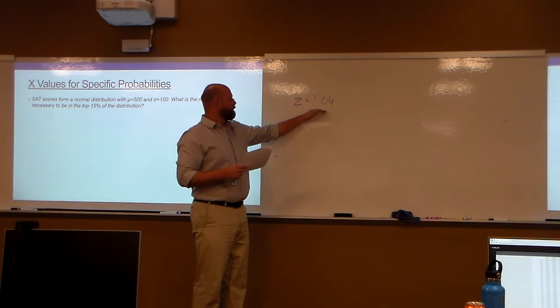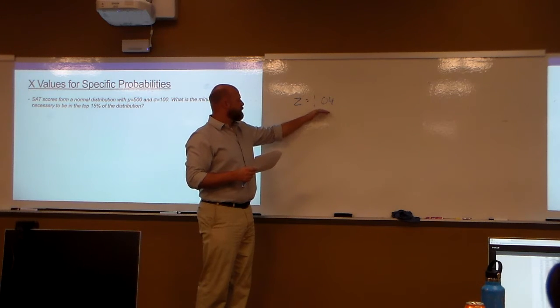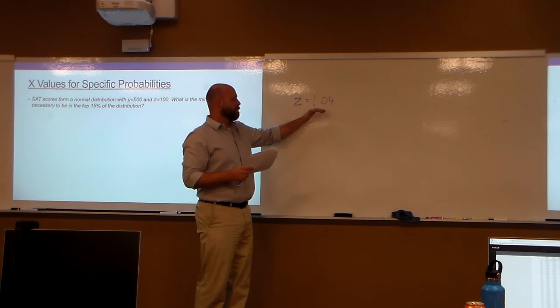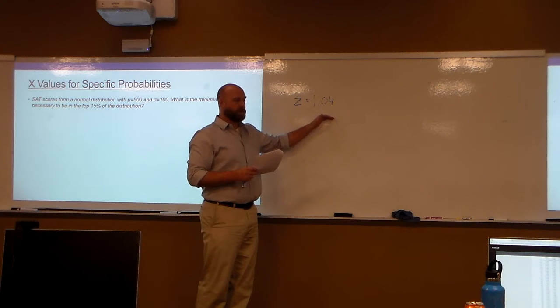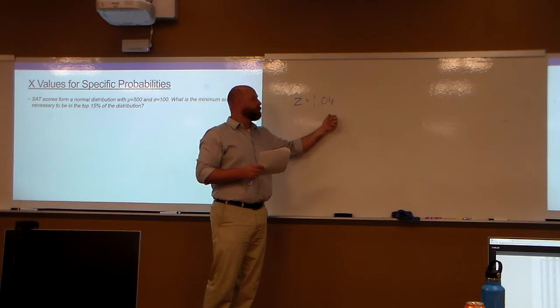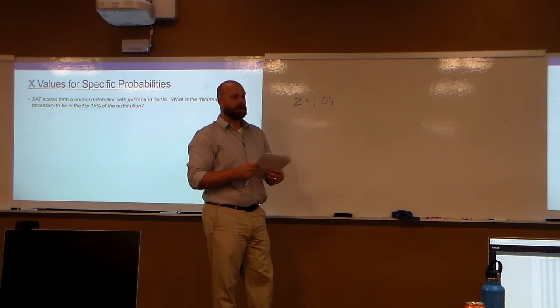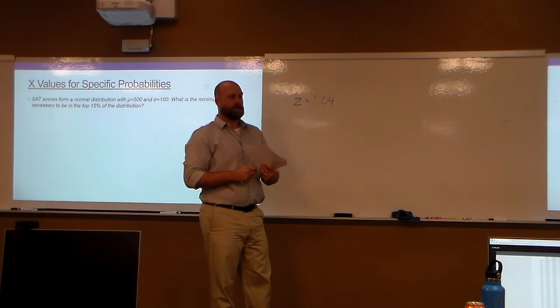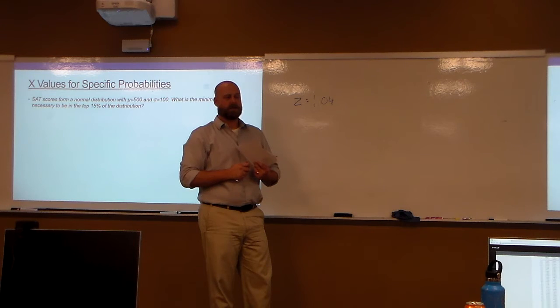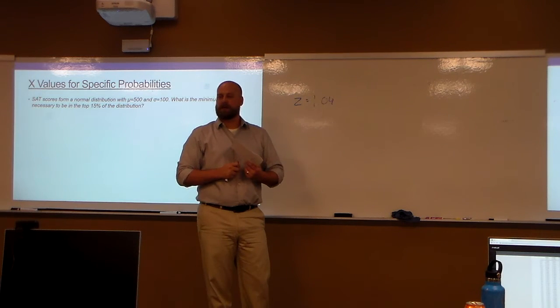Alicia, if I say the z-score corresponding to the top 15% is consistent with 1.04, what would be a practical interpretation of this z-score here? It's not a well-formed question, but anybody get what I'm getting at?